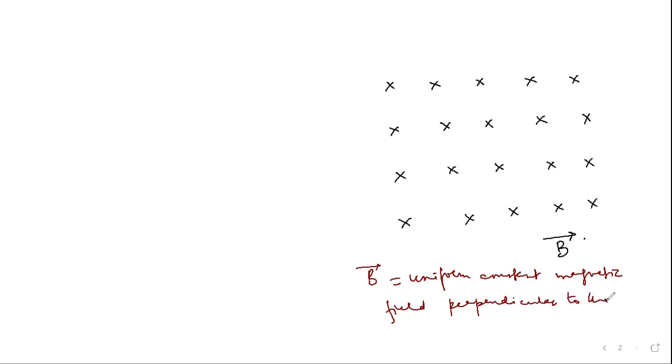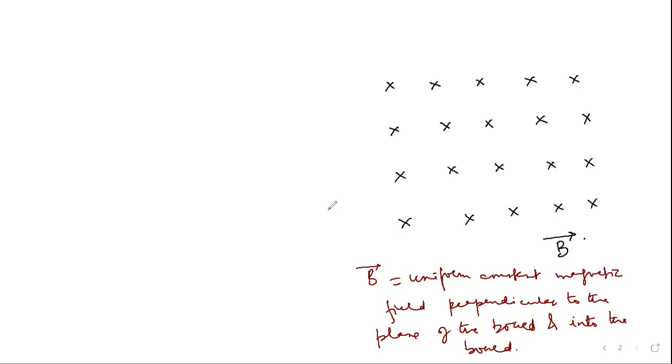So B is uniform, constant magnetic field perpendicular to the plane of the board and into the board, right?